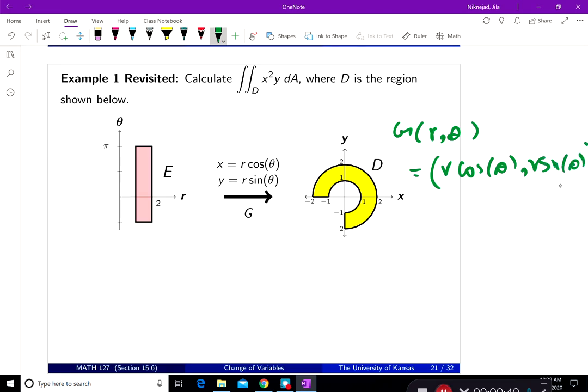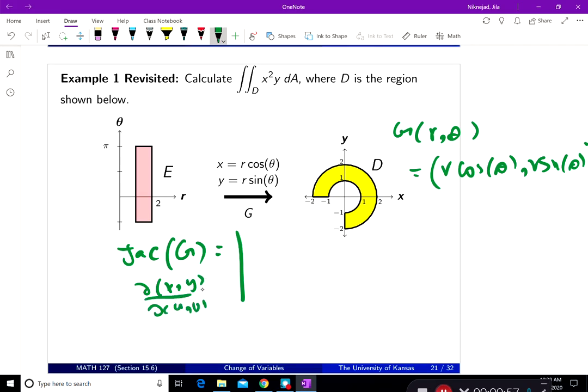Now let's find the Jacobian. The Jacobian of g is going to be, either you can write it as this. That's just the notation.